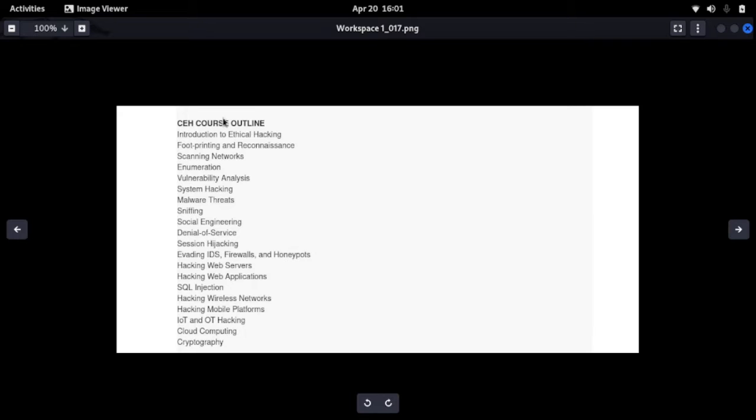This is the course outline for ethical hacking, and I also have the tools to give to every one of you for each of these phases.